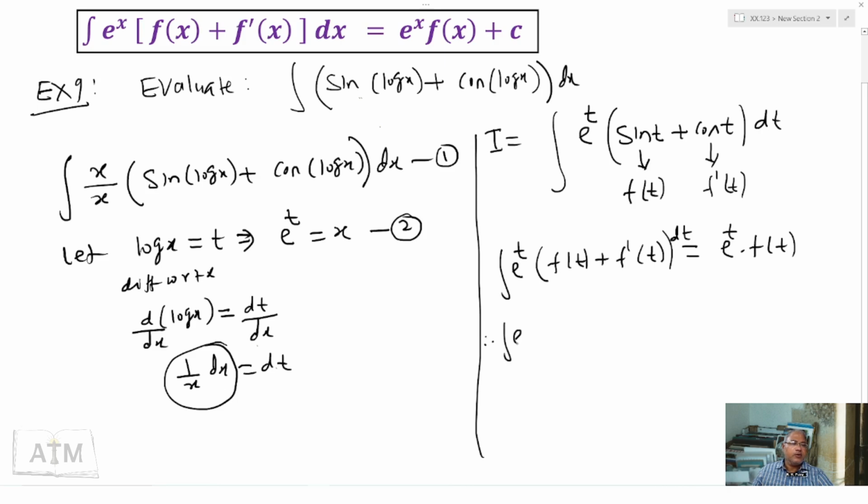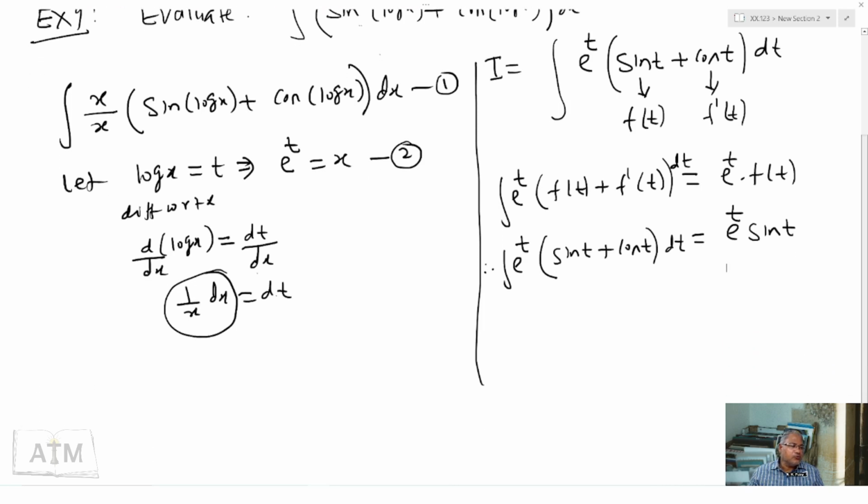Therefore integration of e raised to t (sin t plus cos t) with respect to t equals e raised to t, what is f of t? Sin t. Now we have to put back the values. So what is t? e raised to t is nothing but x. Therefore x will come here, and sin t, and t nothing but log x.